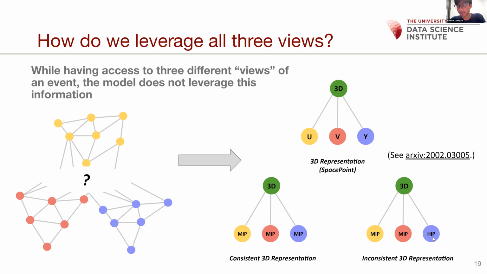However, an inconsistent 3D representation is if even just one of those hits is classified differently than the other associated hits. The consistency cited earlier was just what percentage of space points were consistently predicted. Keep in mind that a consistent representation has to be fully consistent.